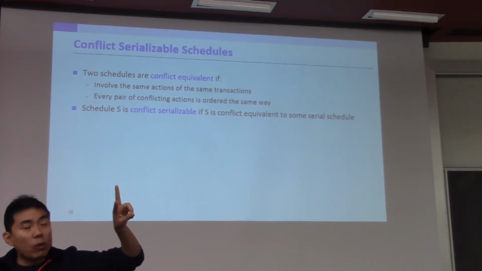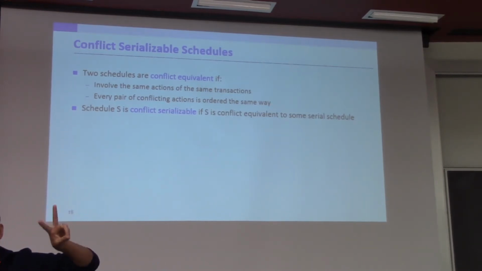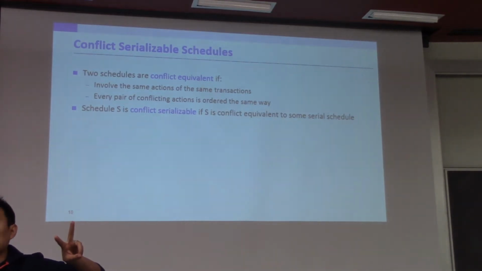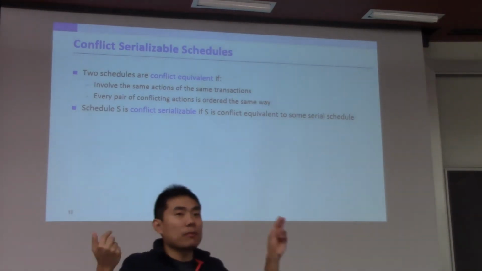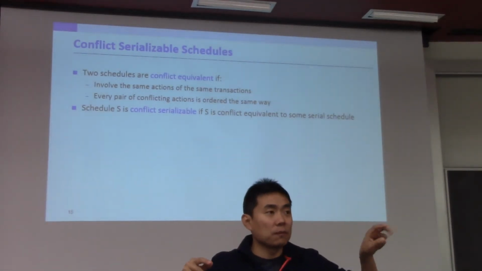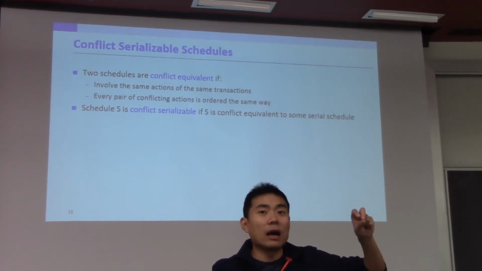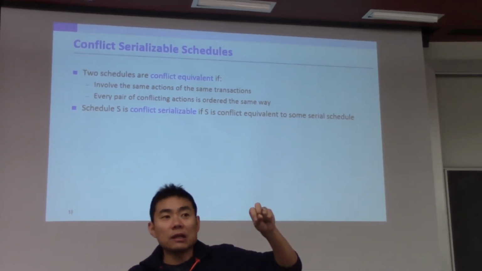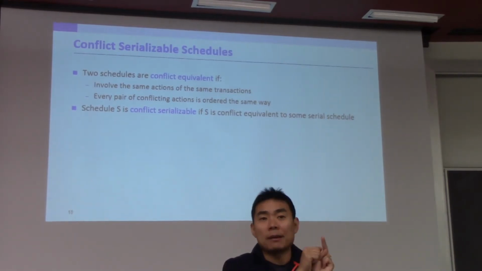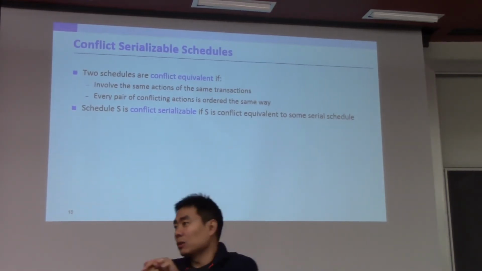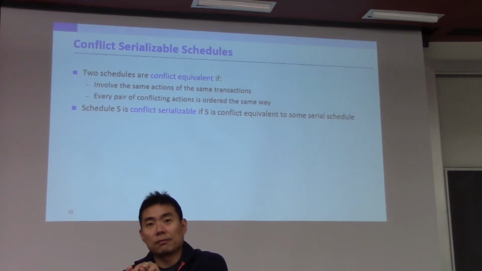If in schedule 1, action 1 precedes action 2, then in schedule 2, action 1 must also precede action 2. Let me clarify what I mean by precede. It does not mean action 1 is immediately followed by action 2. It only means action 1 happened sometime before action 2 takes place.